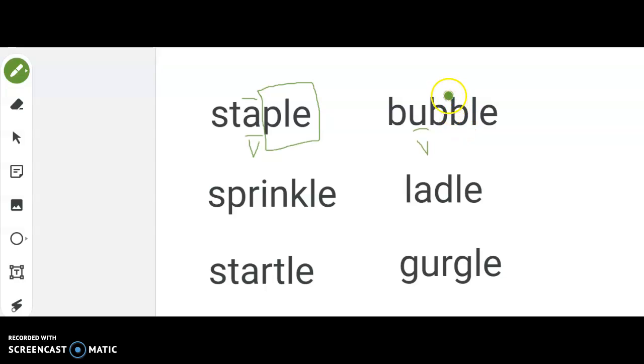One, two, three. My vowel's closed in by the B, so I'll put a breve. So I have bubble. One, two, three.